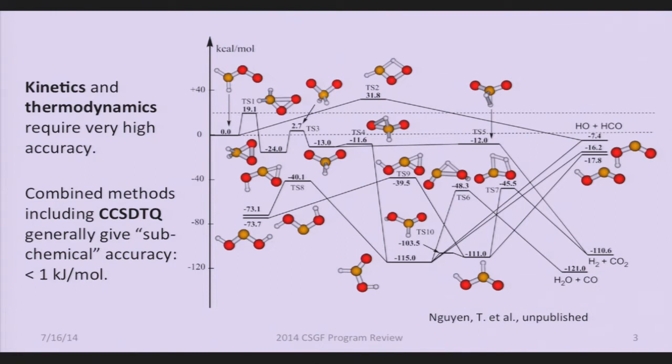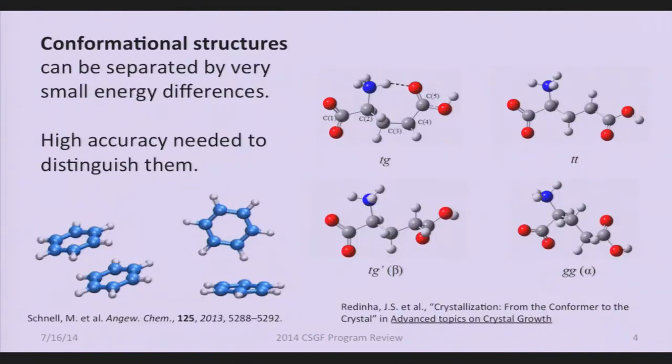But eventually, if you get all the way up to CCSDTQ, the method I'm going to be talking about, that generally gives you 1 kilojoule per mole accuracy. You take everything into account. And that is generally enough to get complicated kinetics like this qualitatively and even quantitatively right. And so it's worth it to go that extra mile and do accurate coupled cluster calculations.